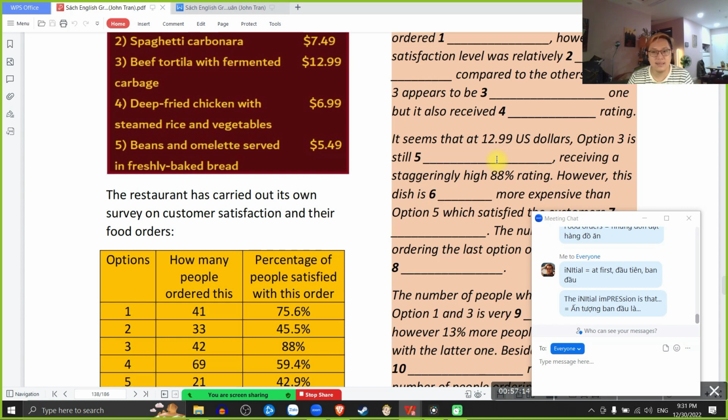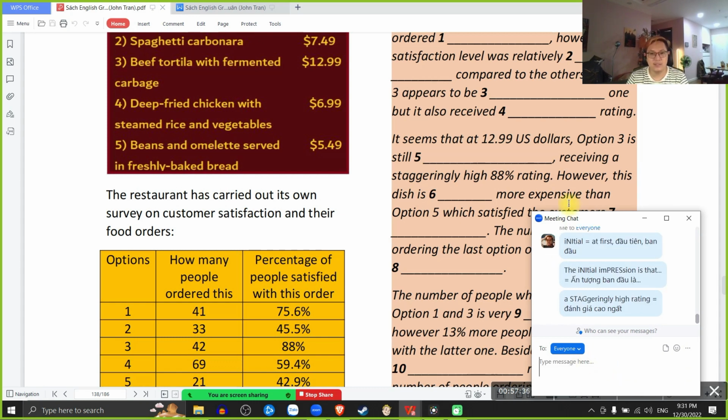Receiving a staggeringly high rating. 88% rating. Nó nhận được một cái đánh giá là cao khủng khiếp luôn á. 88%. Đánh giá cao ngất luôn á, cao ngất ngưỡng luôn á.